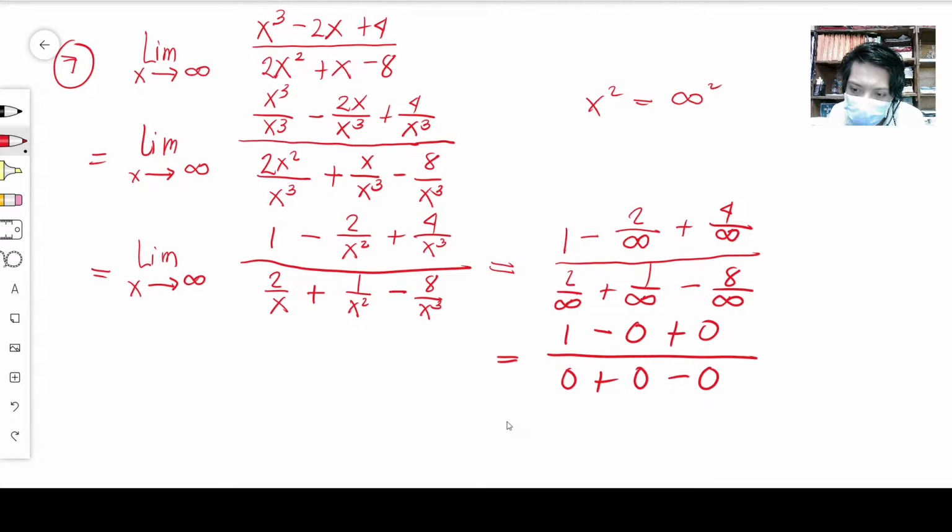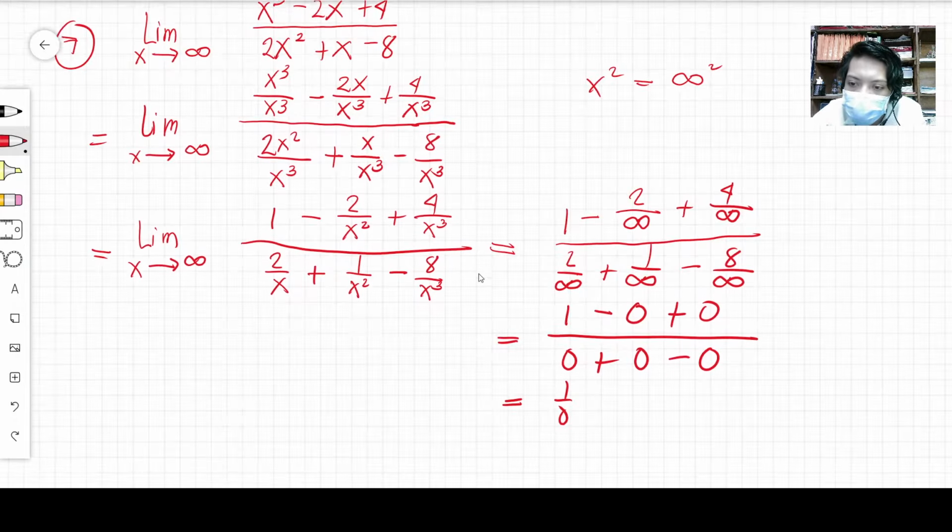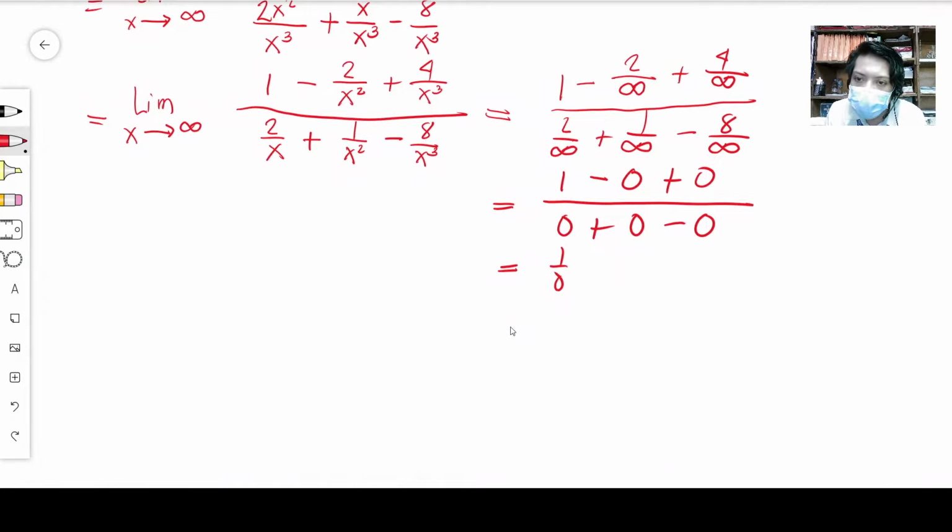So this is equal to 1 over 0. So this is undefined. Undefined, which means the limit does not exist. The limit does not exist.